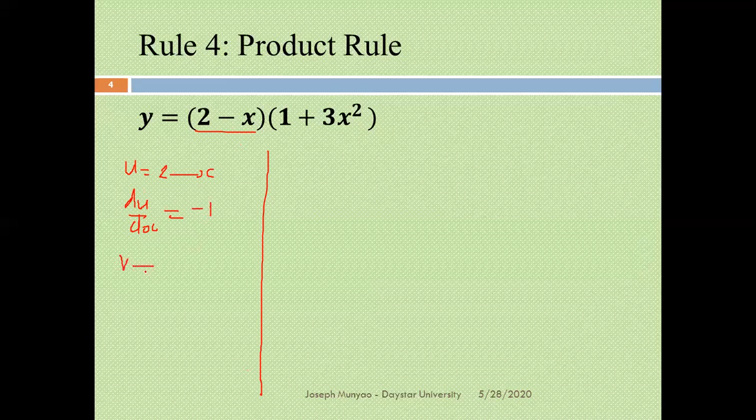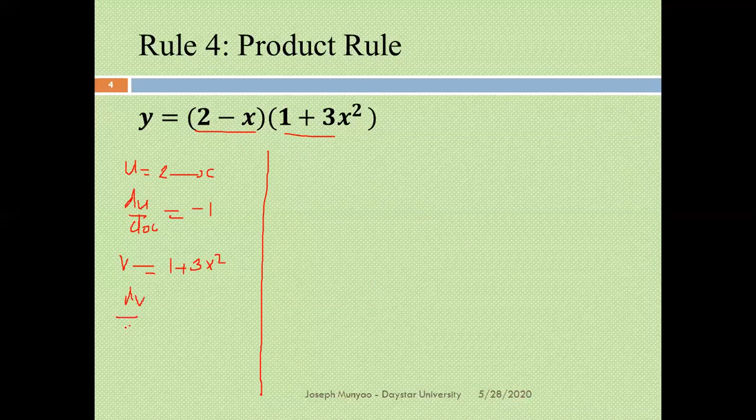The second part, I let it to be v, this other part, 1 plus 3x squared. So this is dv dx being equals to 6x, because this is a constant, which is 0. So this power comes in front to give me 6, and then I reduce by 1 to give me 6x.